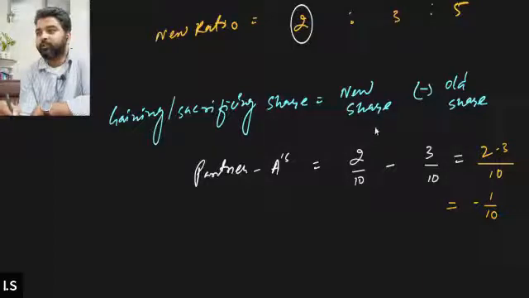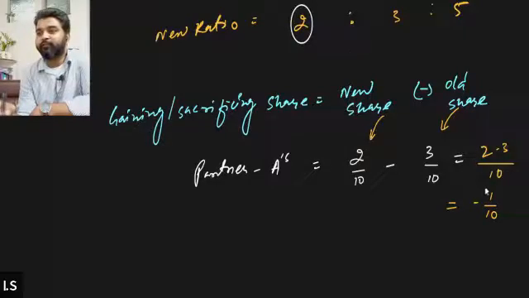The old share was 3/10 and the new share is 2/10. So earlier he was getting more share in the profit, and now he's getting only 2/10. That means he is sacrificing 1/10.